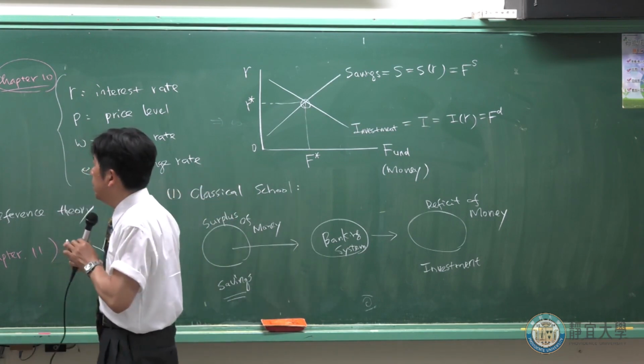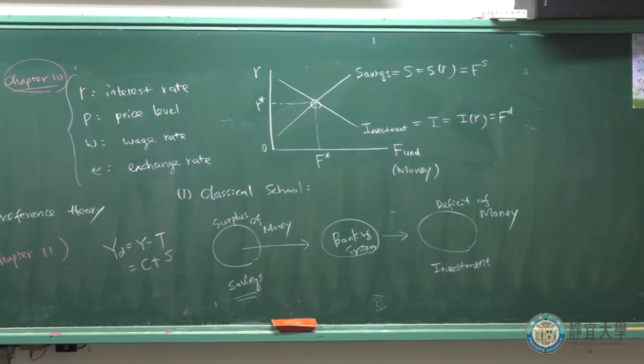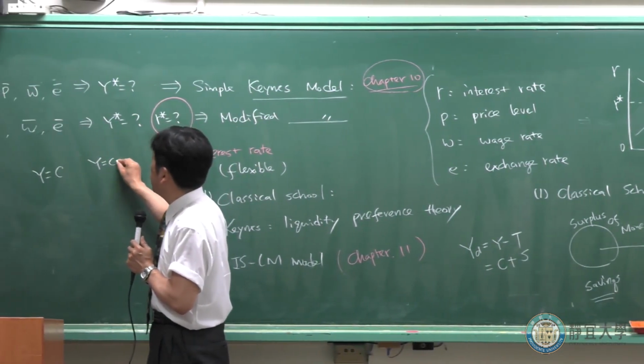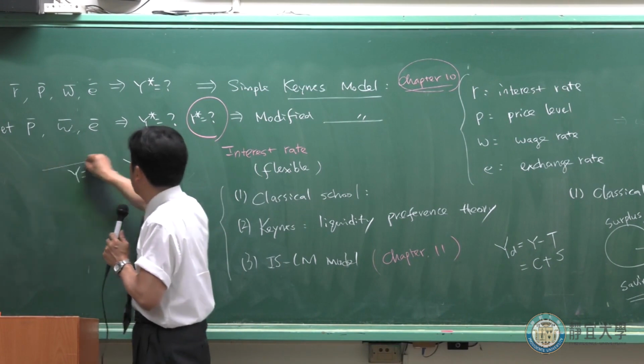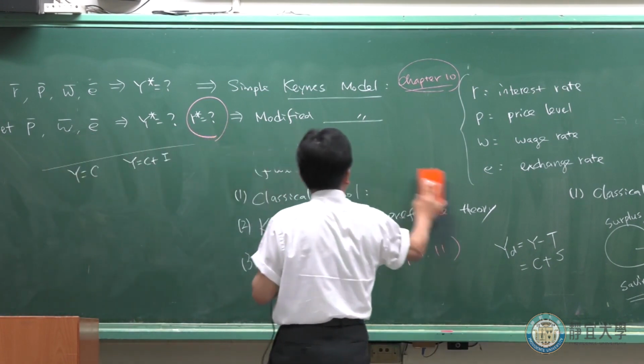If you remember, we mentioned before that with only one sector Y equals C, and with two sectors it is C plus I. If you remember, we talked about this before.